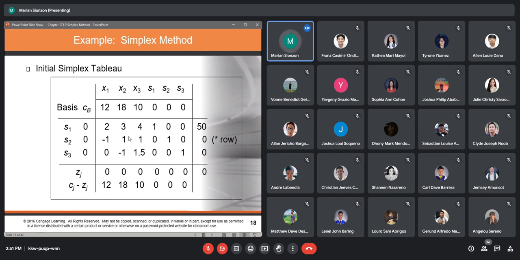What is the role of the pivot number? In this example, wala kay problema kay 1 na siya daan. If, for example, this is 5, the pivot number should be equal to 1. So what are you going to do? To make this 1, you will divide the whole row by 5, and the rest will just follow. Now, take note.